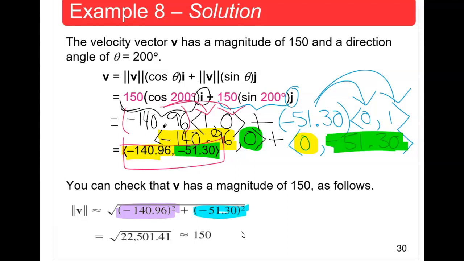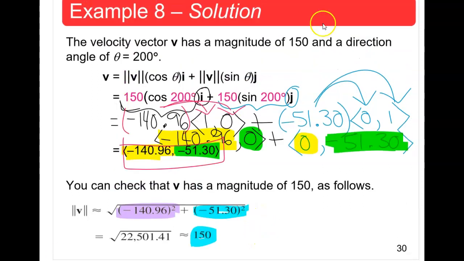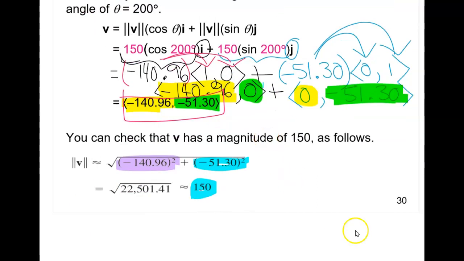And so if we enter all of that on the calculator once, the answer will be approximately 150, which was the magnitude of the vector, and in other words, the velocity of the airplane. So this concludes the video.